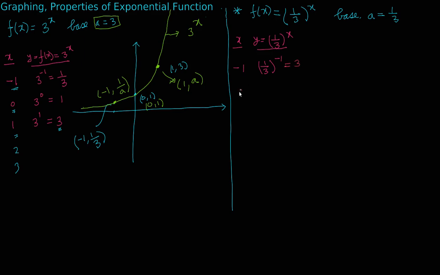If x equals 0, (1/3)^0 is of course 1, and if x equals 1, then (1/3)^1 is my y, which equals 1/3. These are the few points I have calculated.